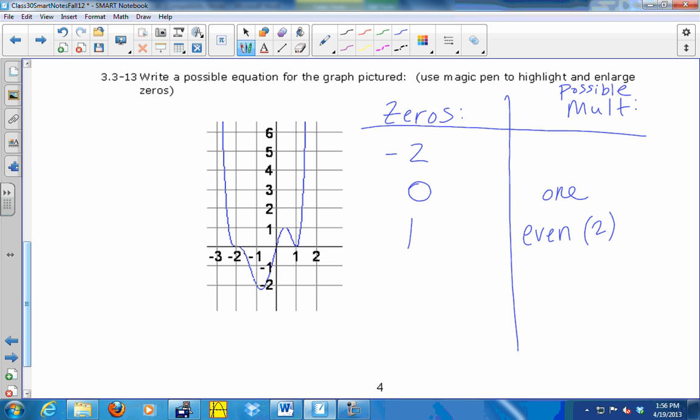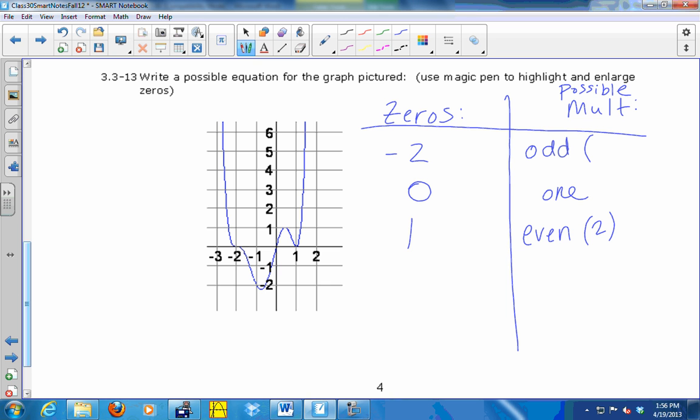And then when I look at the -2, it doesn't go right through, right? But it doesn't go straight through, but it does cross through the axis, which means what about the multiplicity? Odd. So I know this one's odd. I know it's not 1 because it doesn't go through like a straight line. It kind of stalls out, flattens out as it goes through.